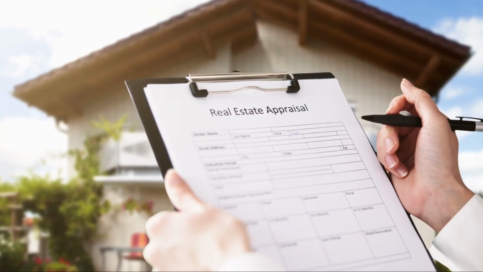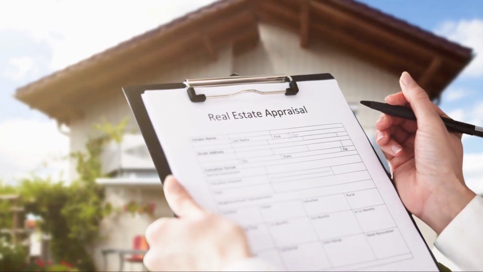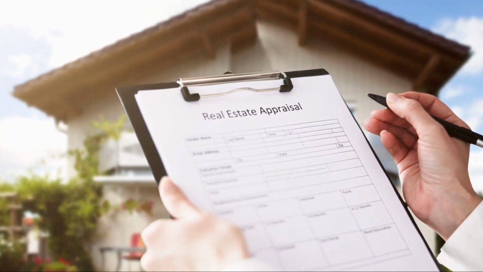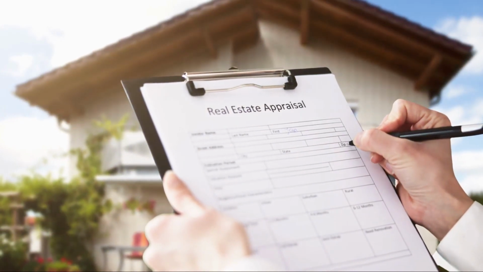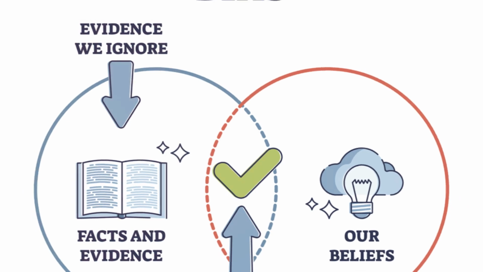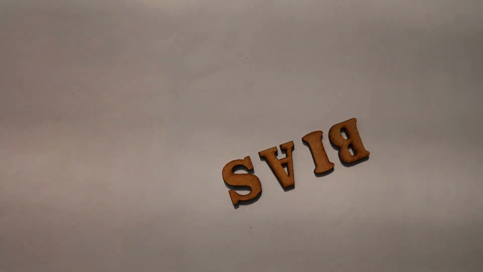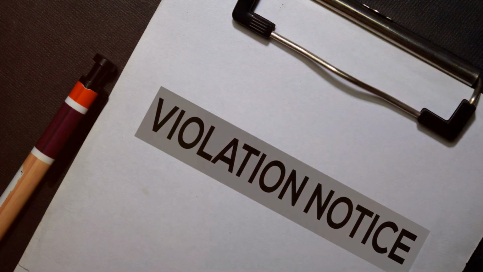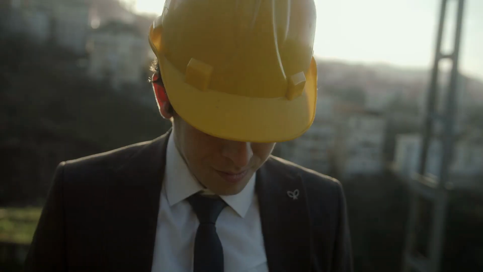This appraiser, let's call him John, was assigned to appraise a residential property in a predominantly minority neighborhood. John, unfortunately, let his biases cloud his judgment and based his opinion of value on the racial composition of the neighborhood. This action was a clear violation of the non-discrimination rule.